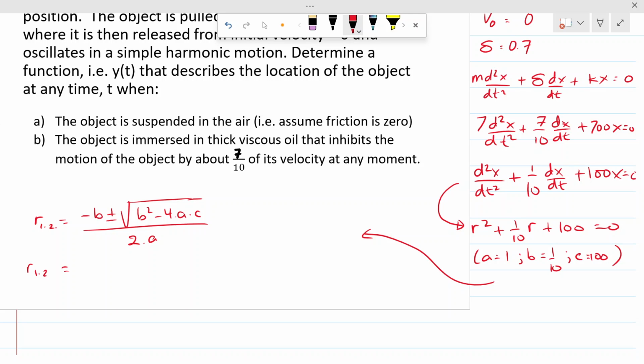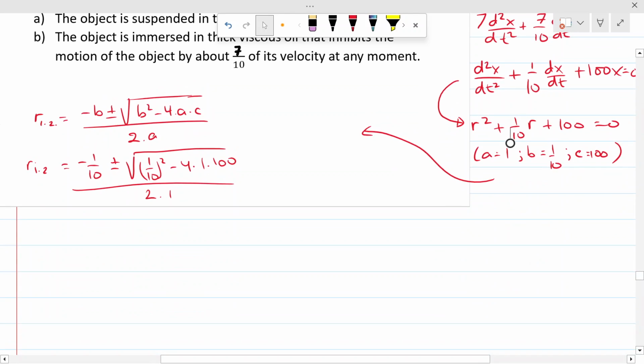So the roots are minus 1/10 plus or minus the square root of (1/10) square minus 4 times 1 times 100, divided by 2 times 1.